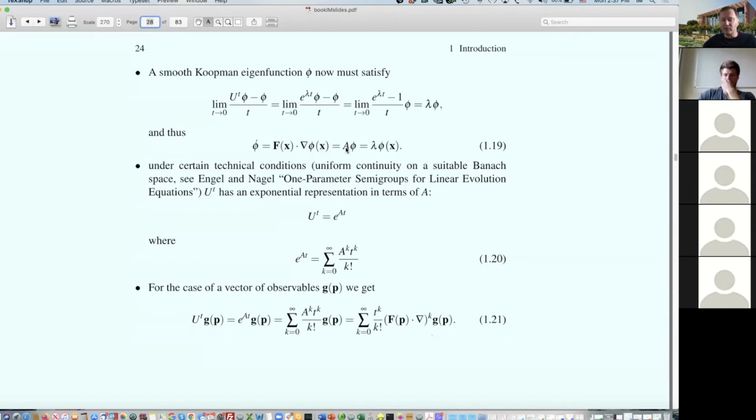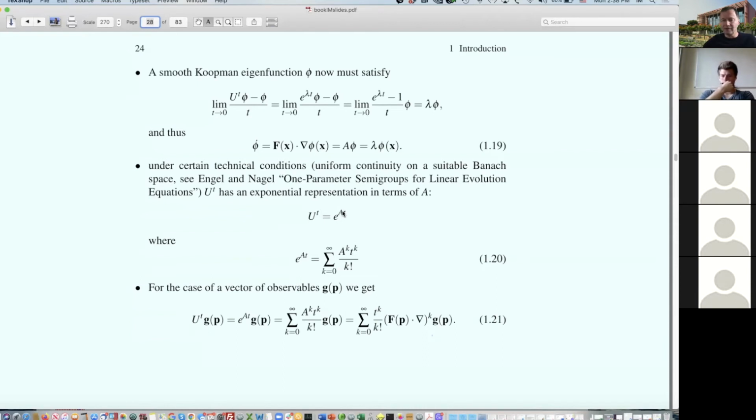But if you assume what is called uniform continuity, a notion of continuity in Banach spaces, and if you want to look it up, the great book is by Engel and Nagel on one-parameter semigroups for linear evolution equations, then this Koopman operator here, U^t, can be written as e to the At.